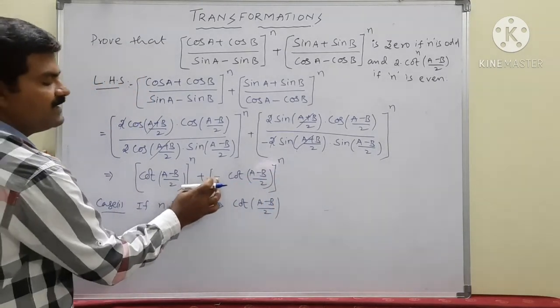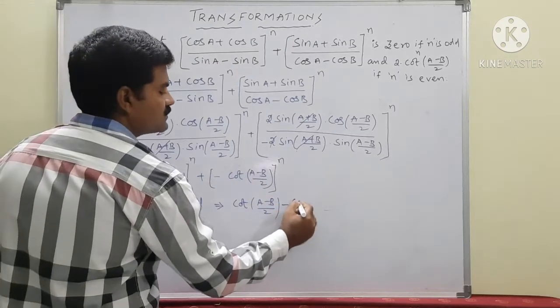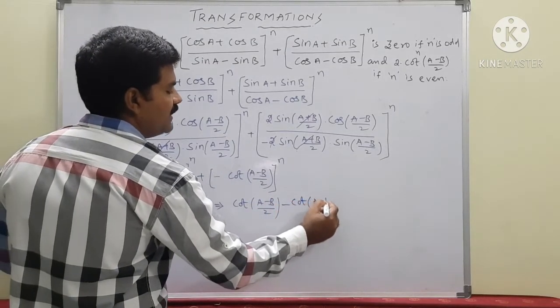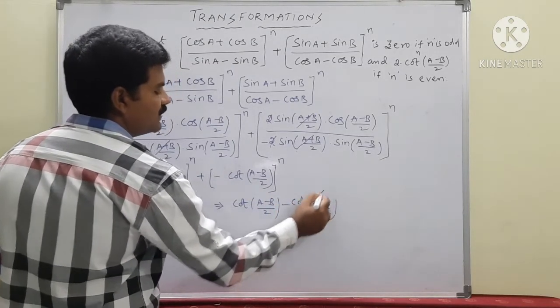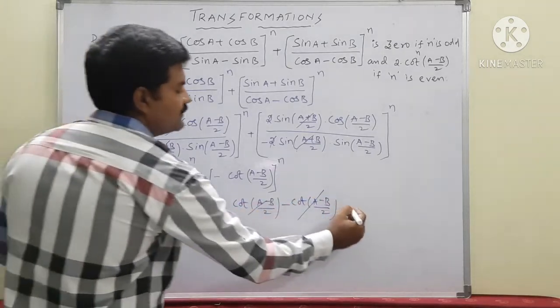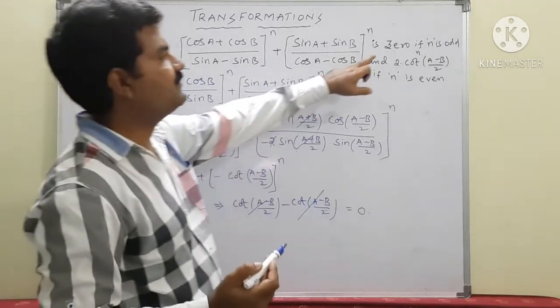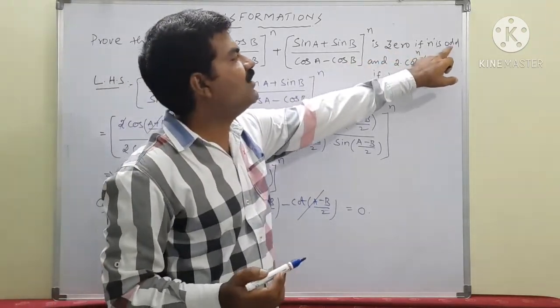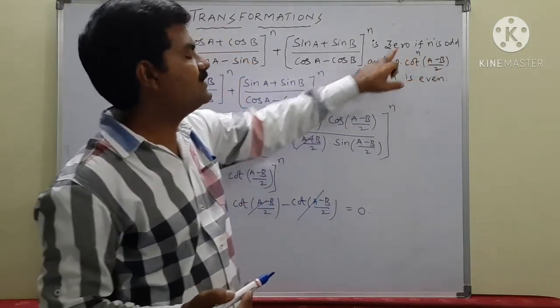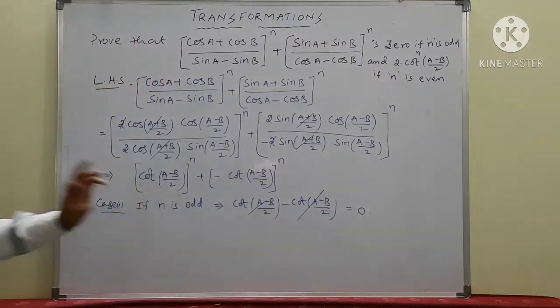So now coming to the second part, if n is odd, then this becomes minus cot of (A minus B)/2. Both get cancelled, hence the answer is 0. What we need to prove? The condition number 1, 0 if n is odd.